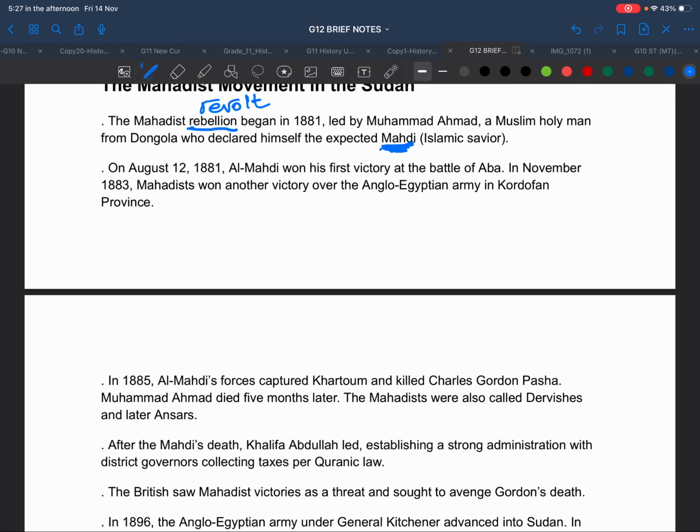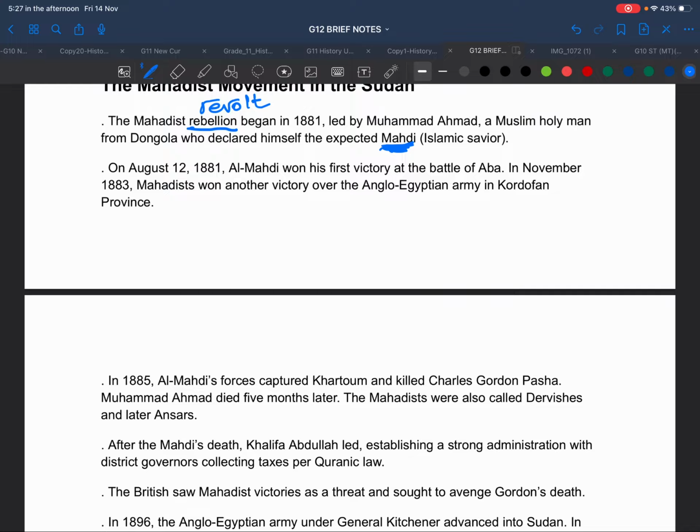In November 1883, Mahdi won another victory. At first, the movement was an Islamic revivalist movement, targeting pure, practical Islam.